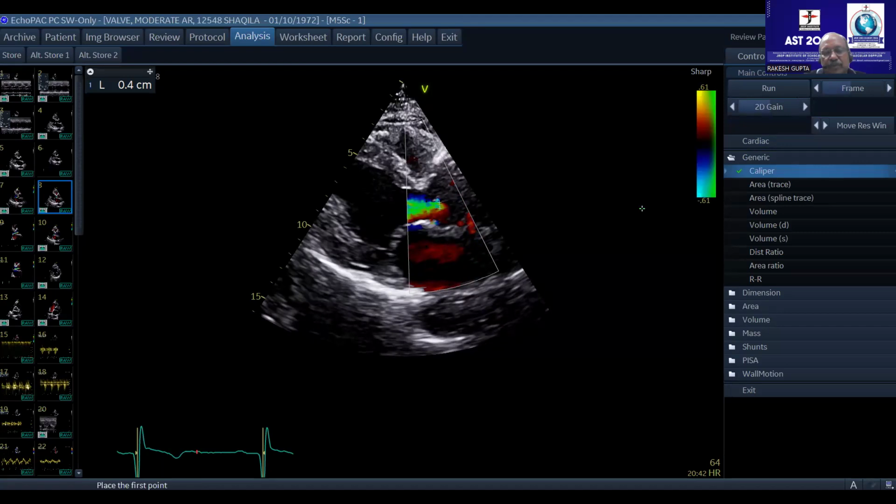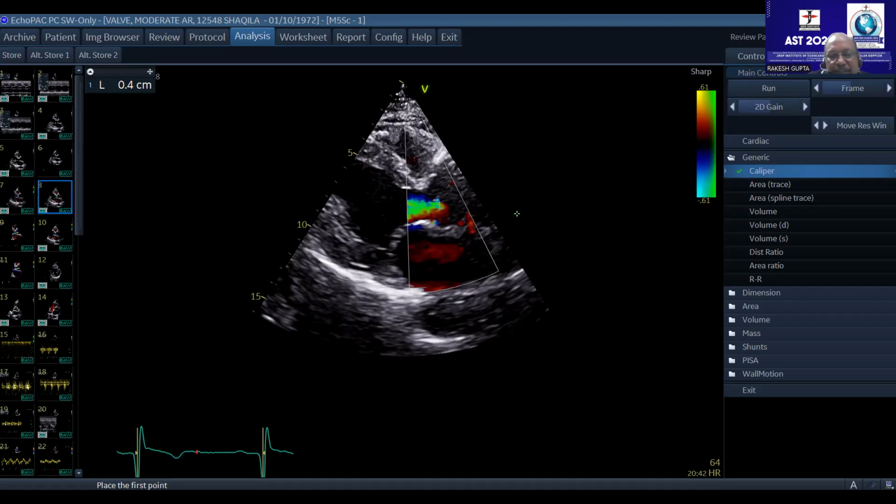Somewhere 0.3, 0.4. Not severe. Anything more than 7 millimeter has to be severe. So one, LV is not dilated. Jet width height over LVOT height is only 33%. And the vena contracta is 3 to 4 millimeters. We have to measure this vena contracta as many times as possible.